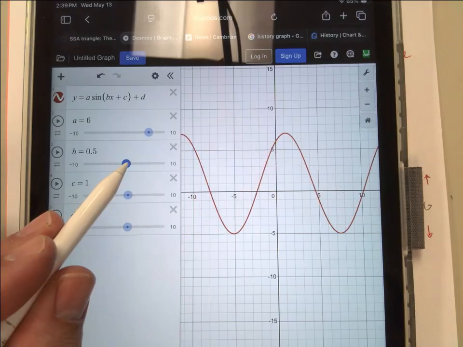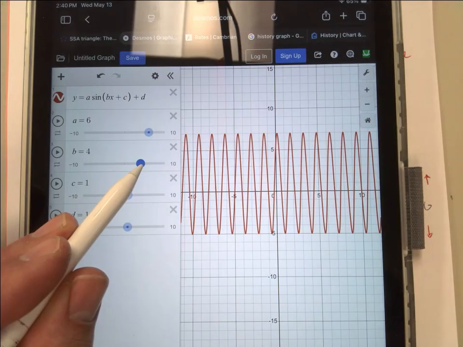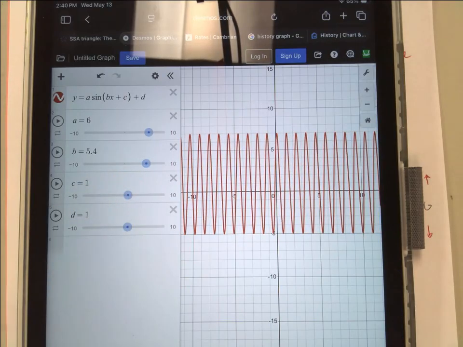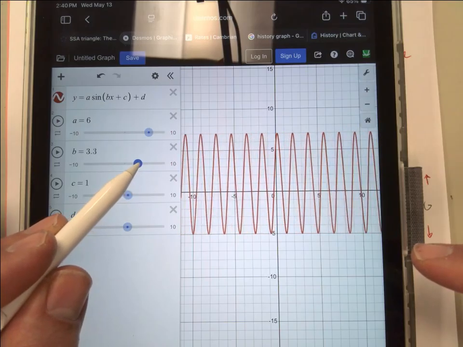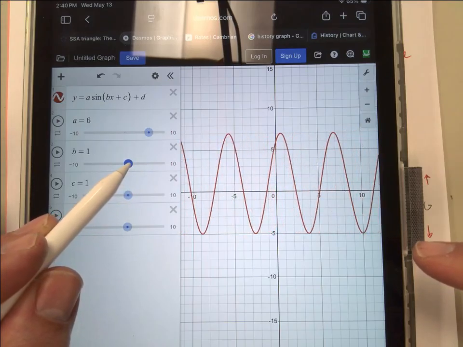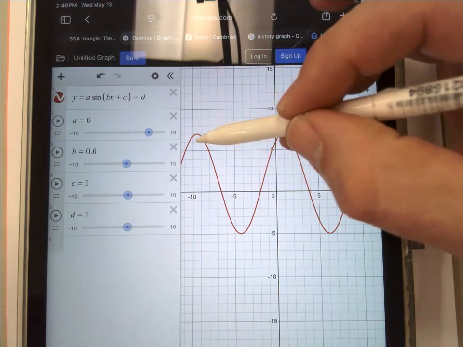B, what it does is if you increase B, it will compress it. And if you decrease it, you're actually expanding it. So it affects the cycle, because remember, the period goes from here to here.